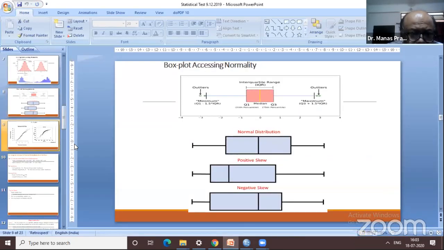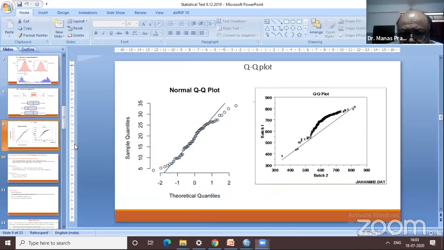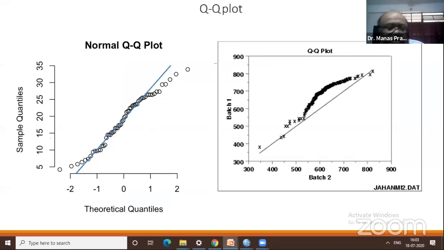Now there is one more plot called the QQ plot, or quantile plot. With the help of this also, we can study whether my data follows normal distribution or not. This is the middle line. If these dots go side by side with the line, then we can say that my data follows normal distribution. If these dots are situated far from the line, then we say that my data does not follow normal distribution.